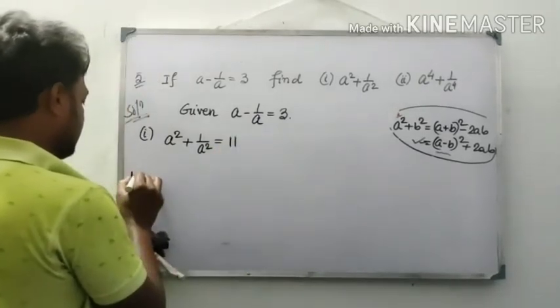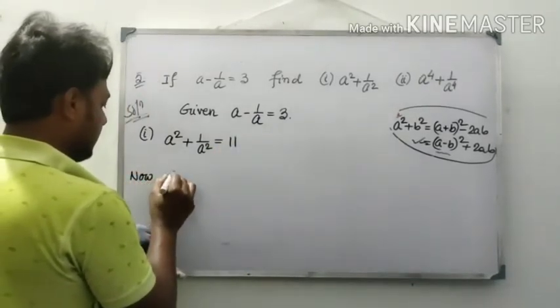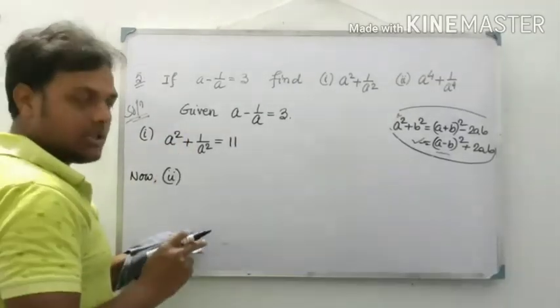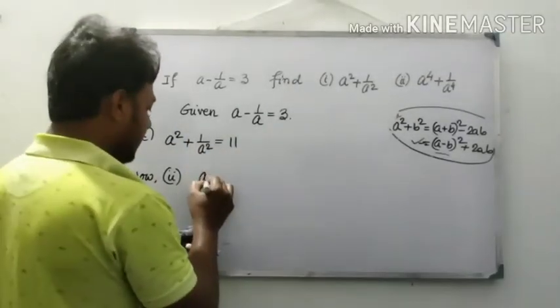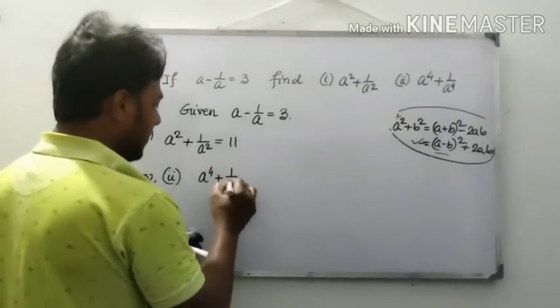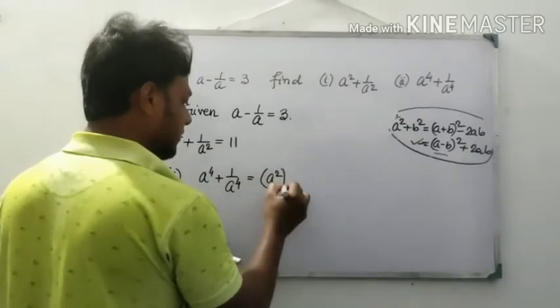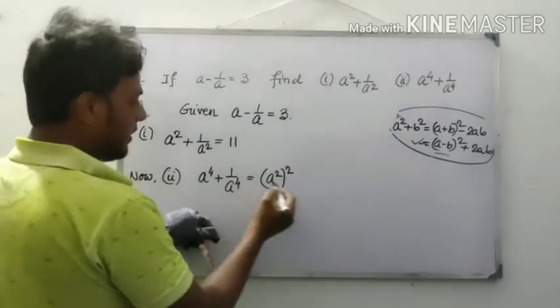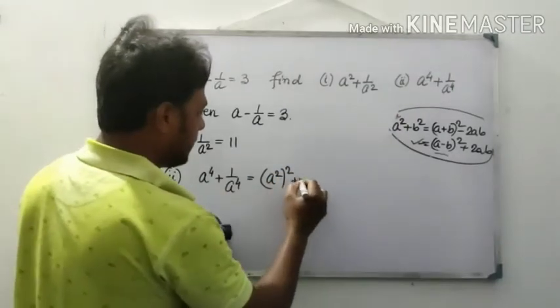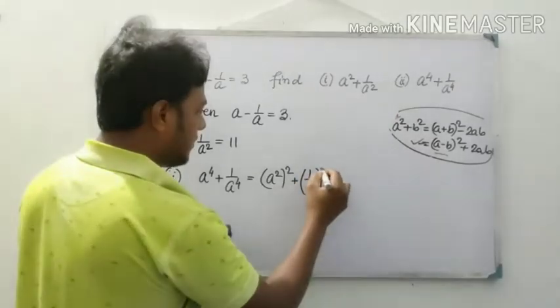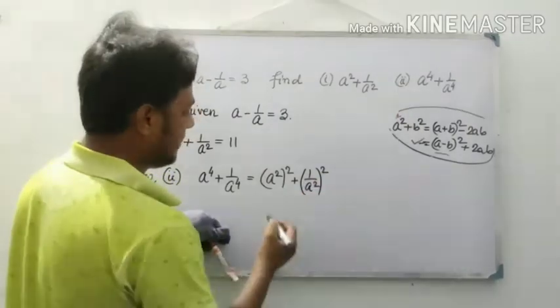Now the second problem. You can solve the second problem by squaring both sides. This was one process. Another process, directly you can solve that. A to the power 4 plus 1 by a to the power 4 can be written as a square whole square plus 1 by a square whole square. It follows from the identities of exponents.